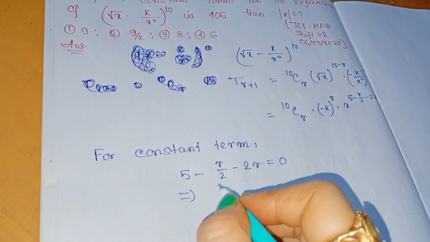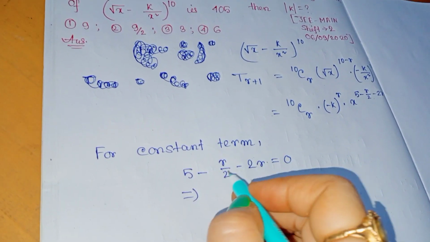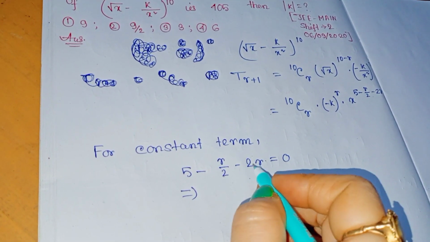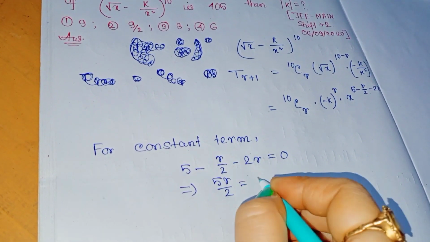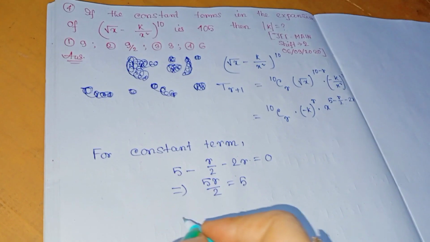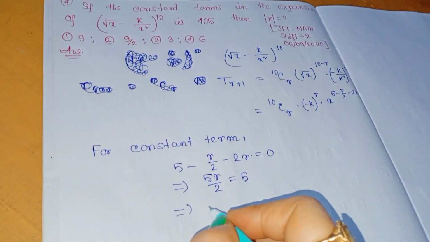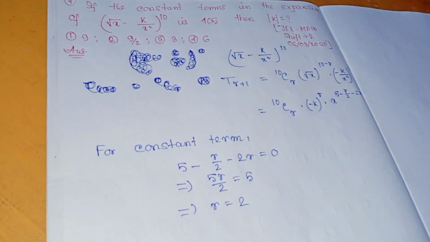That implies 5 minus 5r by 2 is equal to 0, so 5r by 2 is equal to 5. So here we get r is equal to 2.